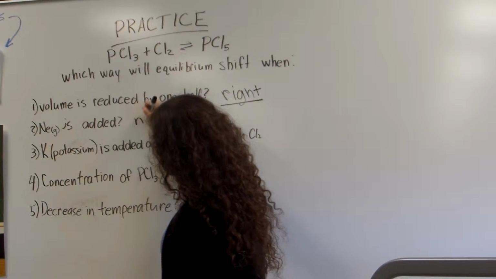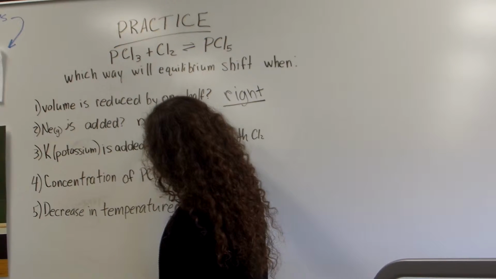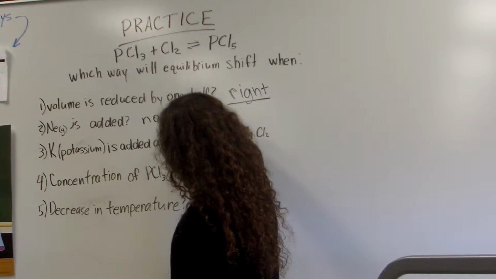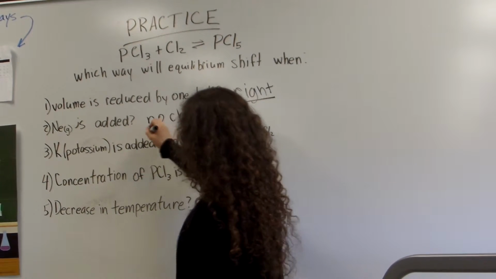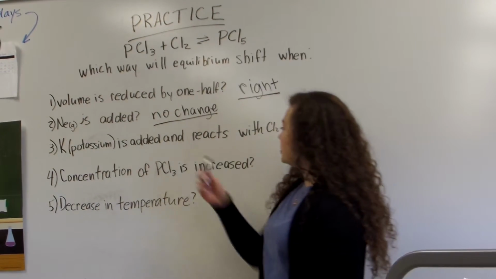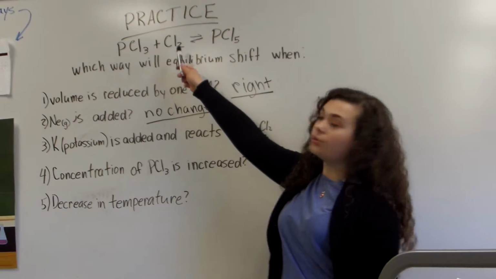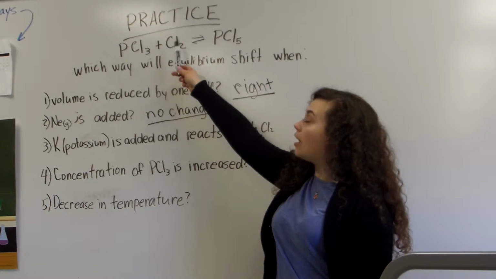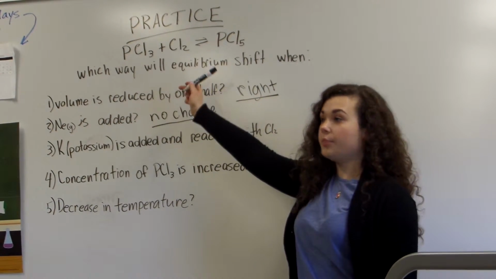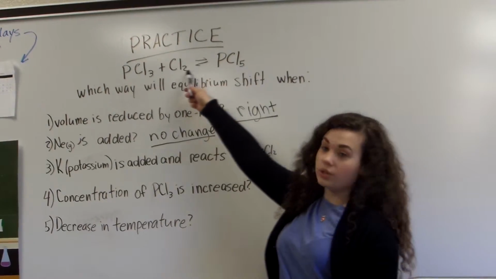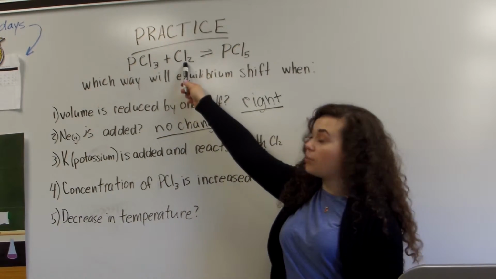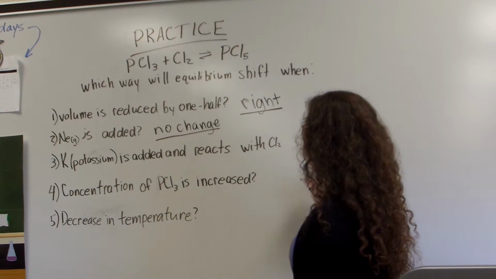So, no change. When potassium is added and reacts with Cl2, it will take some of this out of the reaction. So the reaction is going to shift left to make more Cl2, to get it back to equilibrium.